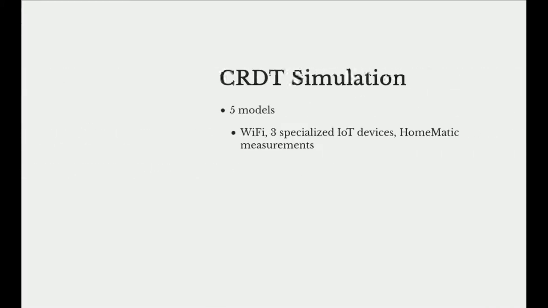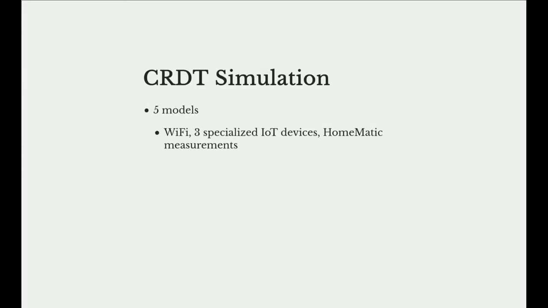The question is now, is this intuition actually true? So is constant rate dummy traffic actually infeasible in terms of energy consumption for home automation systems? To answer this question, we have performed 5 different simulations using 5 different models. One model was established on Wi-Fi hardware using regular laptop hardware, measuring the energy consumption of that.